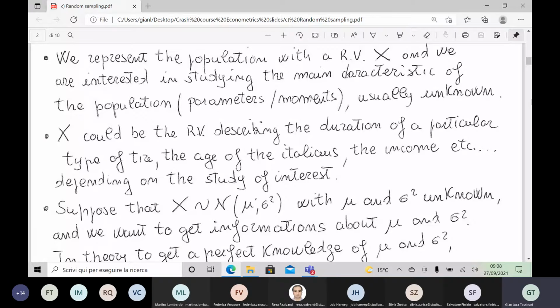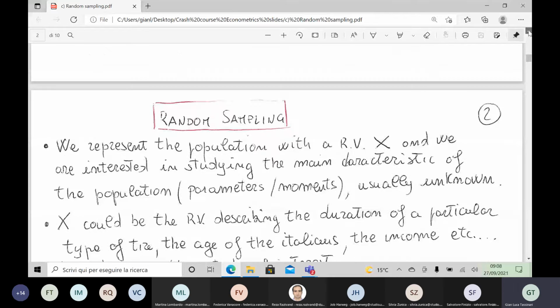We represent the population with a random variable X, and we are interested in studying the main characteristics of the population, parameters, moments, usually unknown. Remember that in the first lecture, I introduced you to 5 very important concepts of statistics, and I told you we will discuss this later. And now it's the moment.